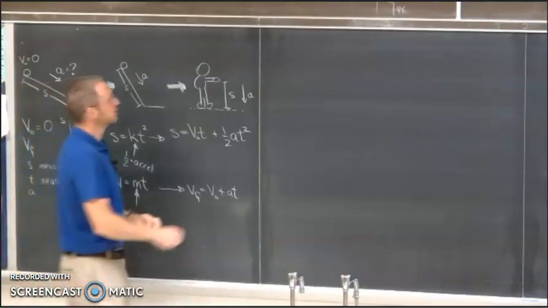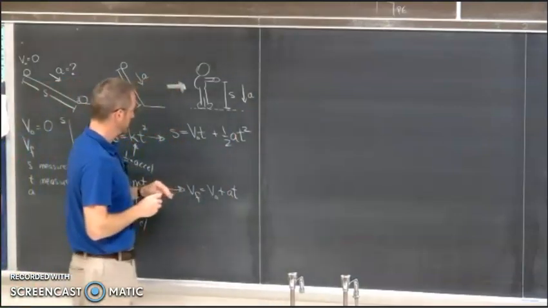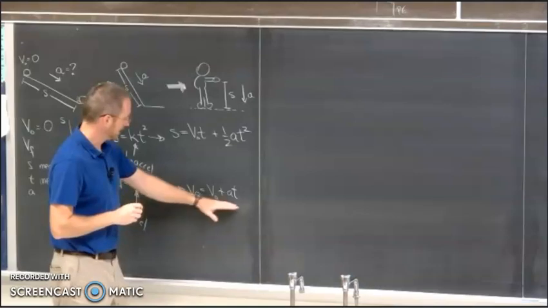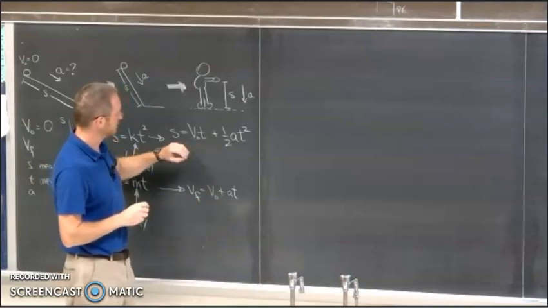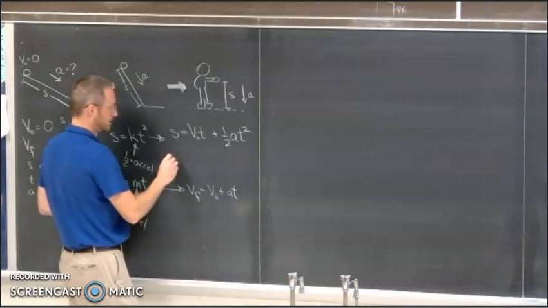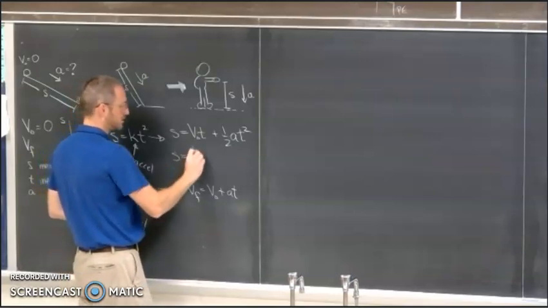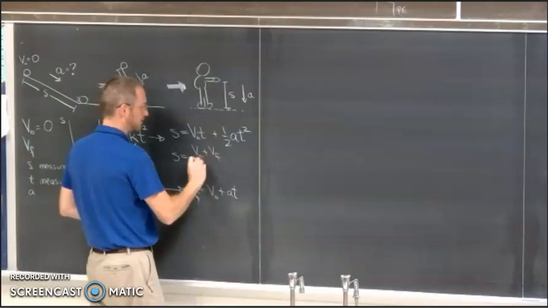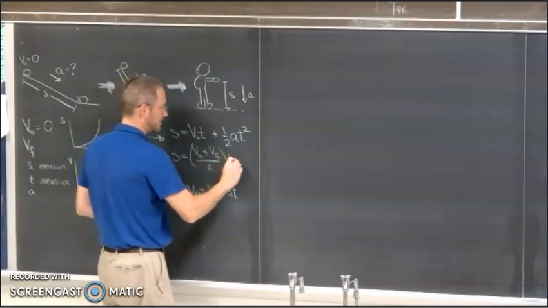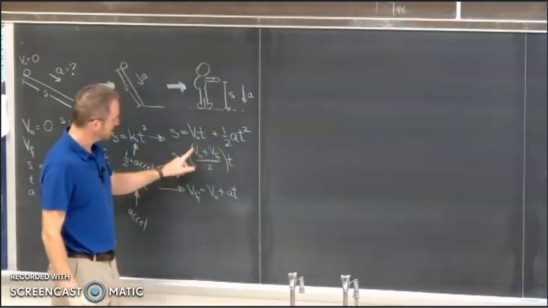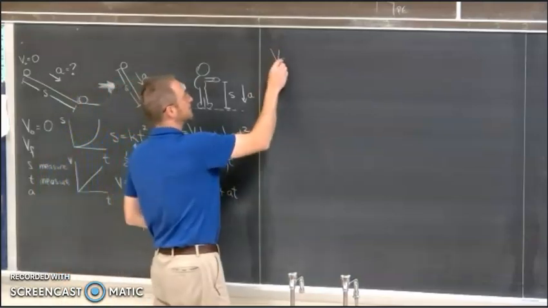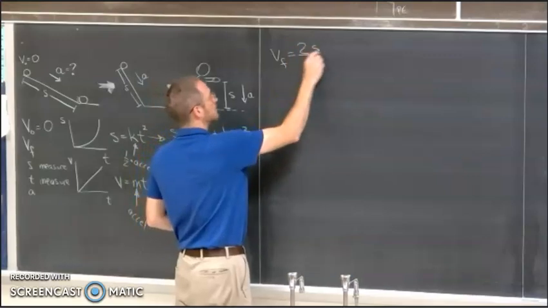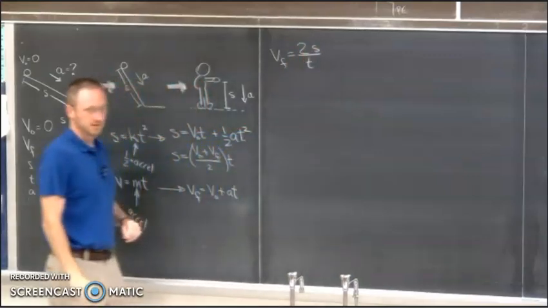So we're going to use, for this one, actually for this one, we're going to use this one and not have to go through the acceleration. I'm going to use this because it involves this one that we chose to be 0. So we can figure out that the final speed is 2s over t.